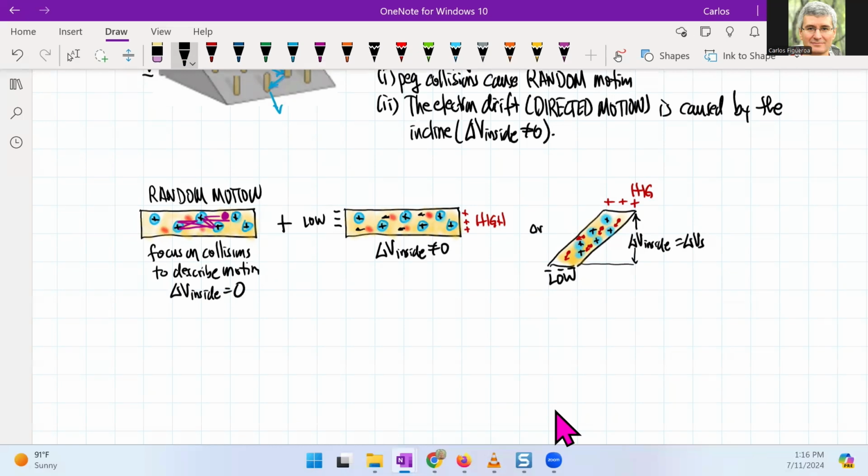Now, if I add these two, this is going to be the directed motion. So now I have this. And so what happens now is that the charges start to move down. So if I look at this thing, this is going to equal to this. But now I have to come back and modify this. The way I'll modify this is that I'm going to focus only on one charge.